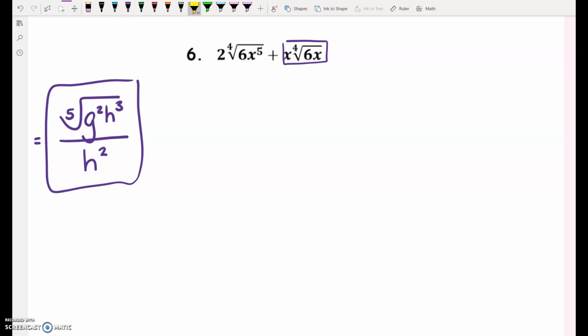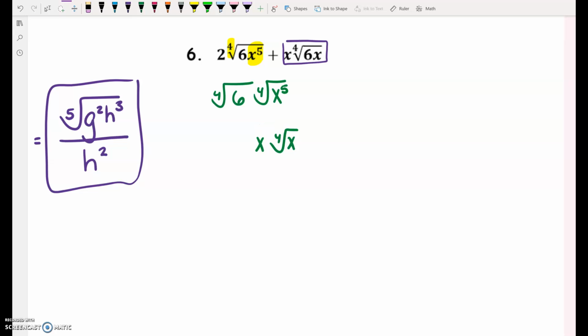However, in this first one, I see the 4th root of x to the 5th. So this thing is the 4th root of 6 times the 4th root of x to the 5th. How many groups of 4 are there in x to the 5th? There's 1, and then there's 1 left over.